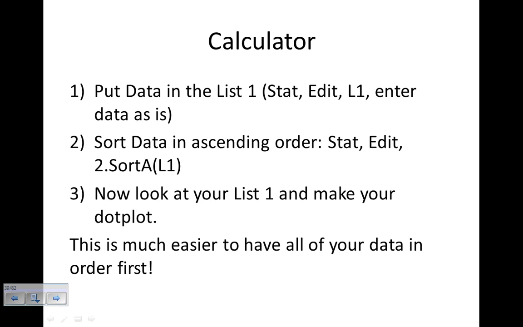You could sort either ascending order or descending order. So if you wanted to then organize all that in the list, you could go stat, edit, sort, and you could look at your list and make your dot plot. So that's a little bit easier once you have all your data in order first.